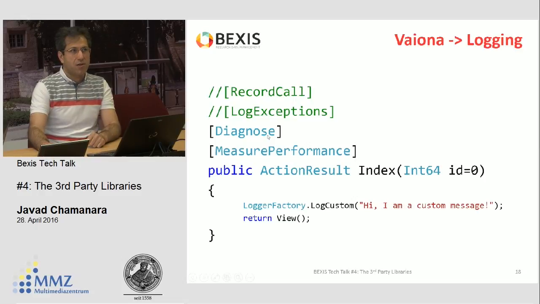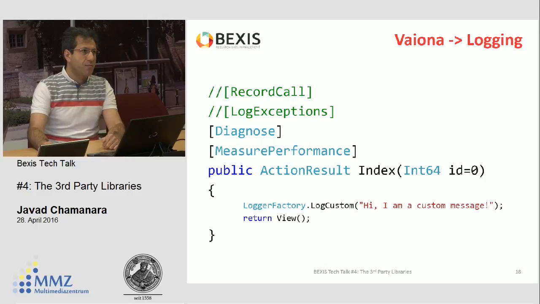Without diagnose, maybe it's harder to find out that the error is associated with negative numbers or anything else. Here, log exceptions can also be used, and record call is just like tracing this function, recording that this function was called at this time, plus some environmental variables, and we will also see what a log entry actually looks like.